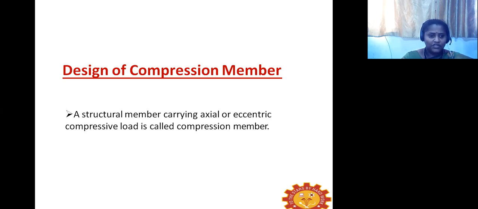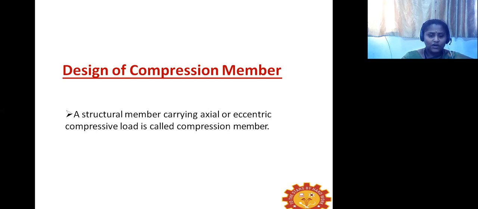From the definition point of view, if you are asked to define a column, you can simply state that it is a vertical structural element, because it is also a part of the structure, right? I was telling that only. You can state the same as the definition.